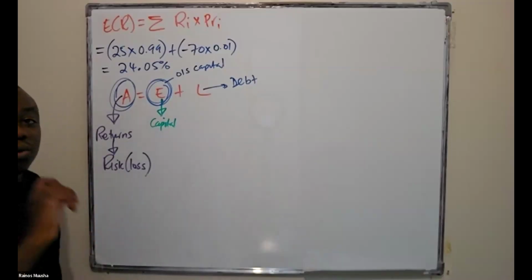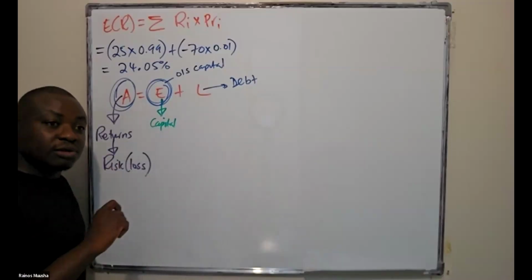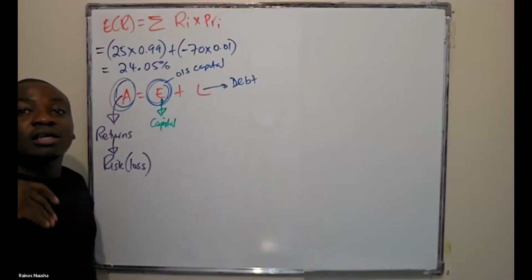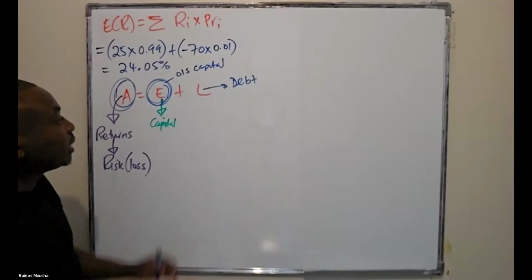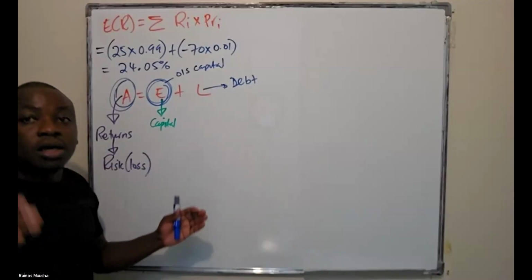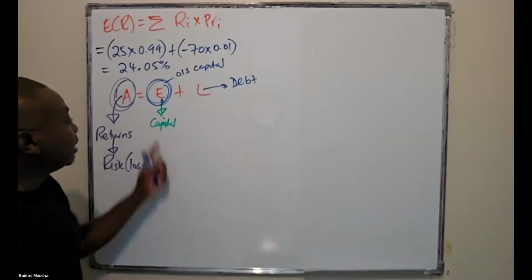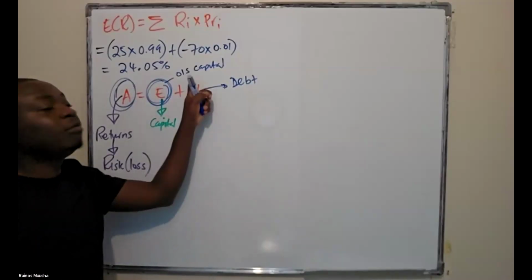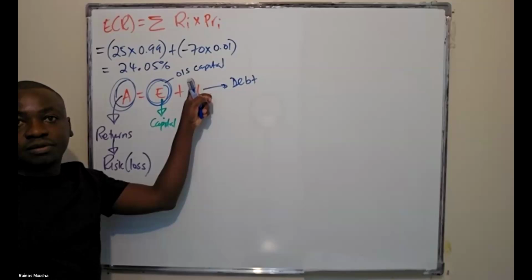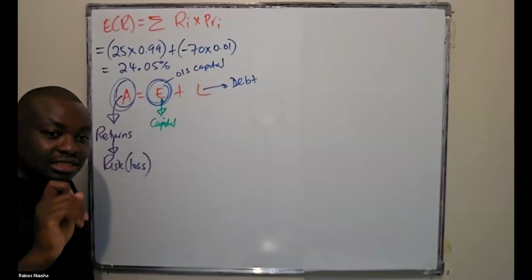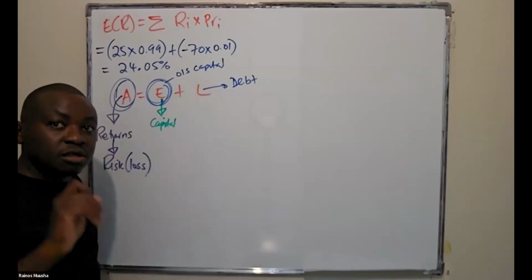So when you look at the case of LTCM, they were becoming too leveraged because they were using more and more debt financing and even repaying some of the ordinary share capital. So that's a very, very difficult situation.